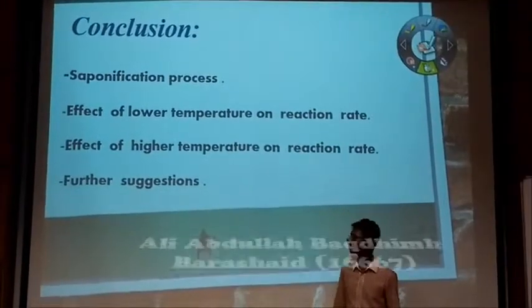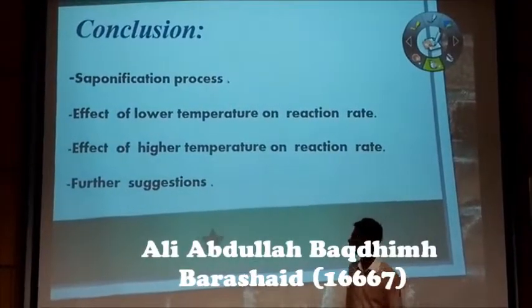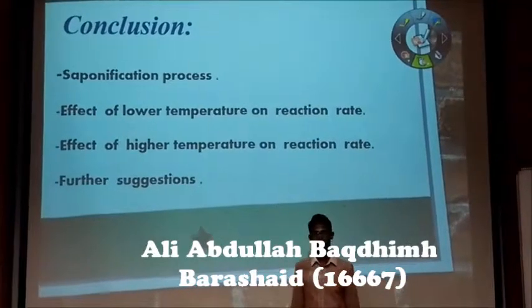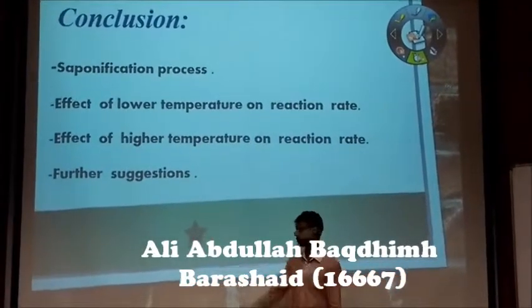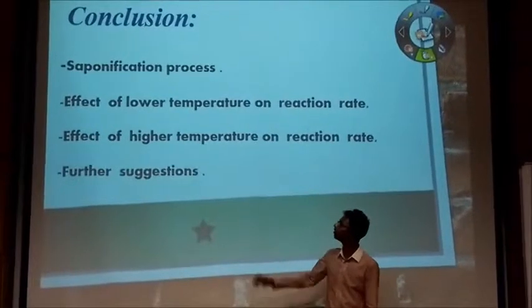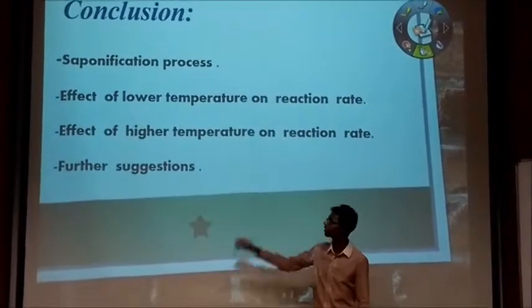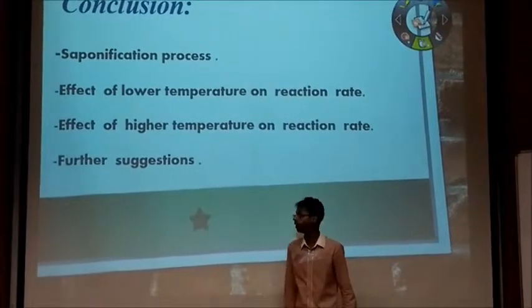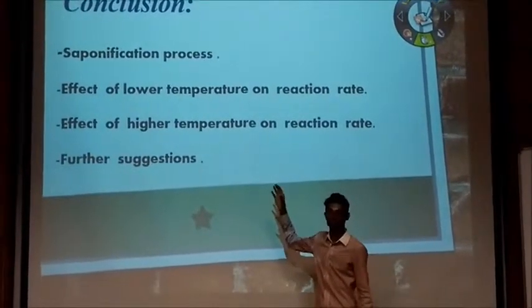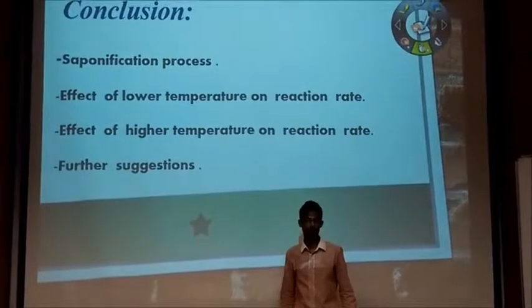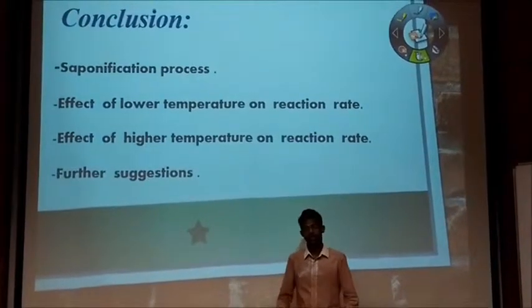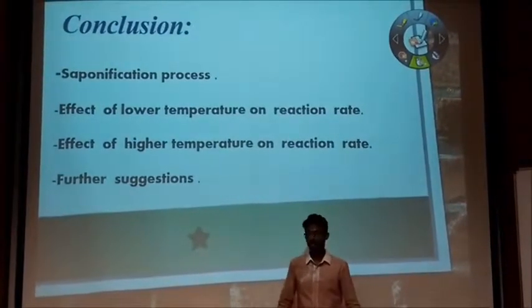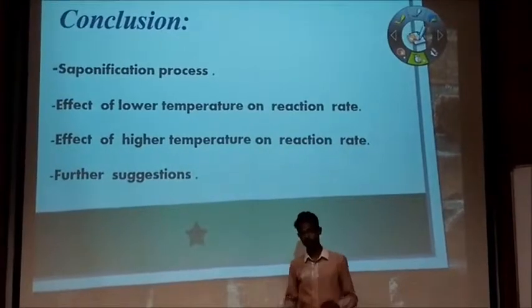This is me, Ali, again, and now obviously I'll talk about the last part of our project and experiment, which is the conclusion part. First of all, the saponification process. As my friends already told us before, the saponification process of sodium hydroxide and ethyl acetate is held in a batch reactor under very regulated and fixed temperature.